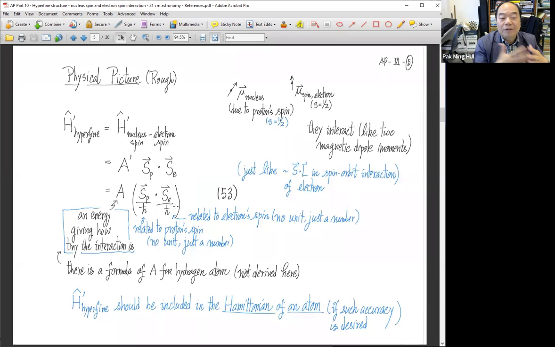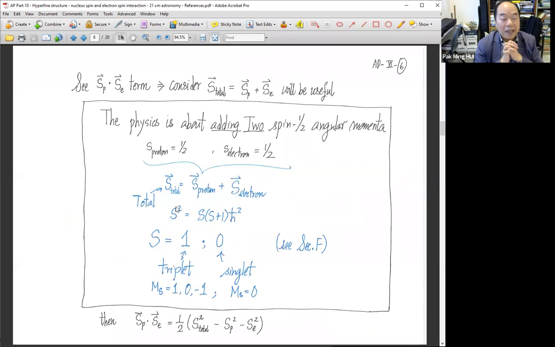So A will set the energy scale. We expect that to be tiny because that will involve the nuclear magneton here. Then there will be no new physics because it is a spin half dotted into a spin half belonging to two different objects.